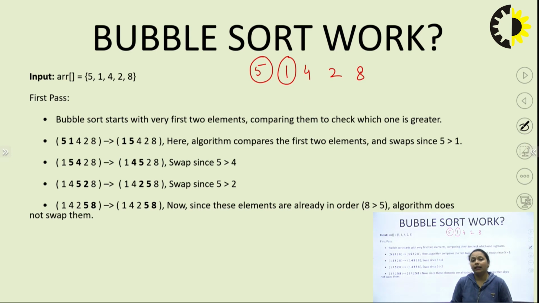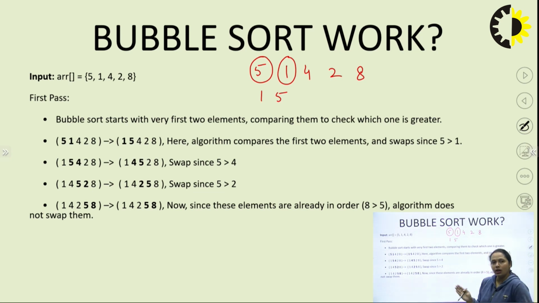As we have said, by default the order is considered to be ascending order, so we are considering ascending order only. So logically, 5 and then 1 is wrong when elements are to be arranged in ascending order. So the correct order is what? 1, 5.